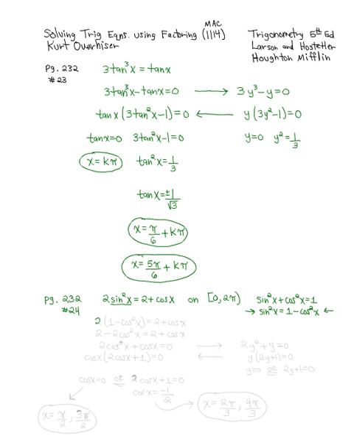So that gets rewritten as 2 times 1 minus cosine squared x equaling 2 plus cosine of x. And then if you distribute the 2, you get this.